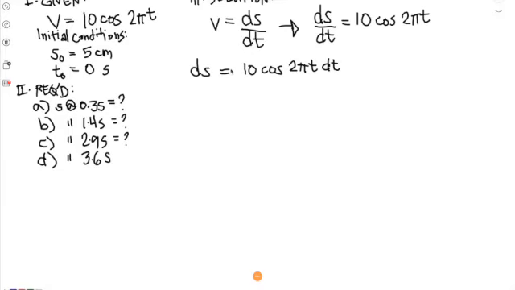If we get the antiderivative of this, we will be arriving at an equation solving for s. Alright, so now let's carry out the operation. I will just write the integral sign here so I won't have to write everything all over again. The antiderivative of ds will just be equal to s, and that would be equal to the antiderivative of 10 cosine 2 pi t dt.